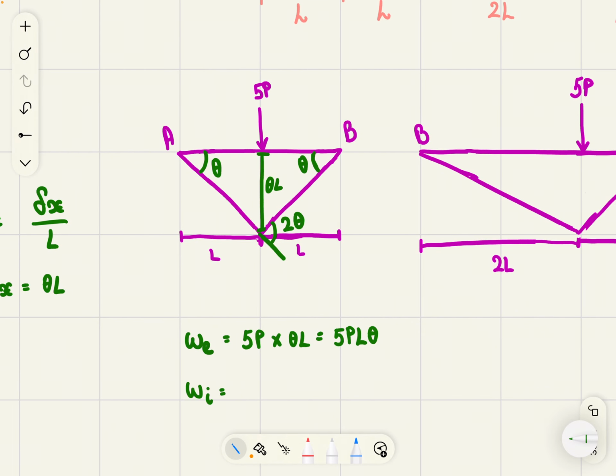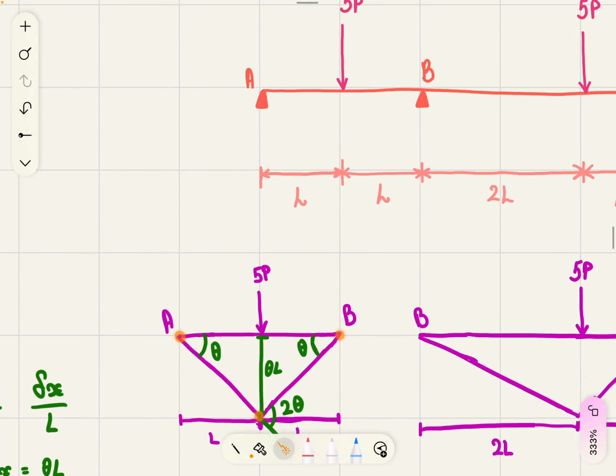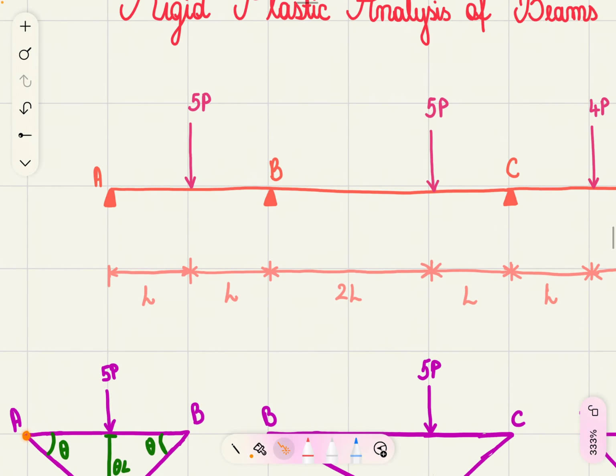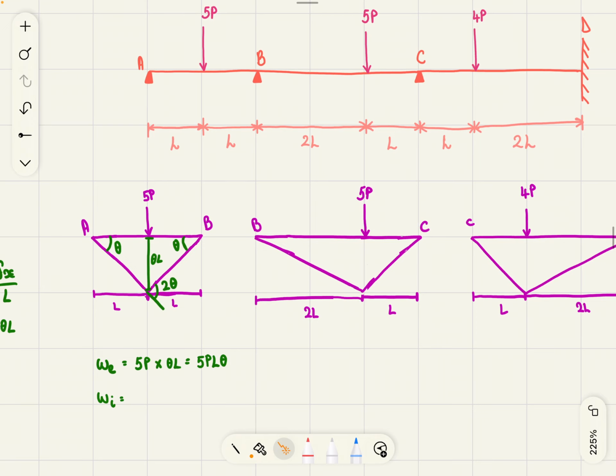Now for the internal work, we have to take into account the moment contributions from each plastic hinge. We have a plastic hinge here, and a real hinge here. So this means, you can see from here, that the moment at point A is 0.